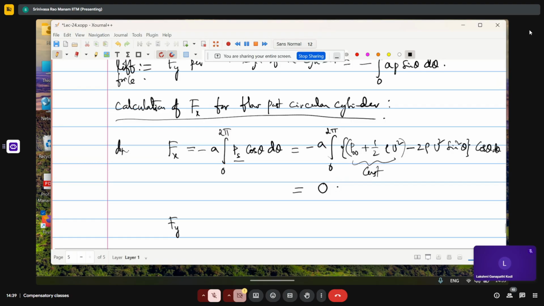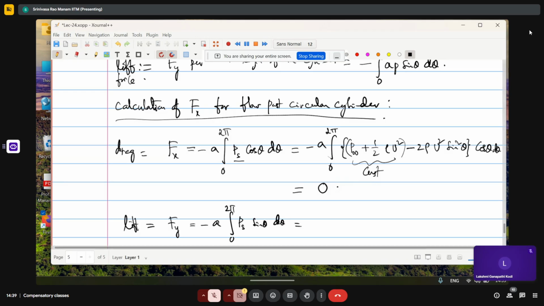So this is your drag force. Drag is this much, zero. The lift force is actually Fy. Here also you calculate like this, 0 to 2 pi PS sin theta. That's the only difference: instead of P, you have PS, which is the same as before.